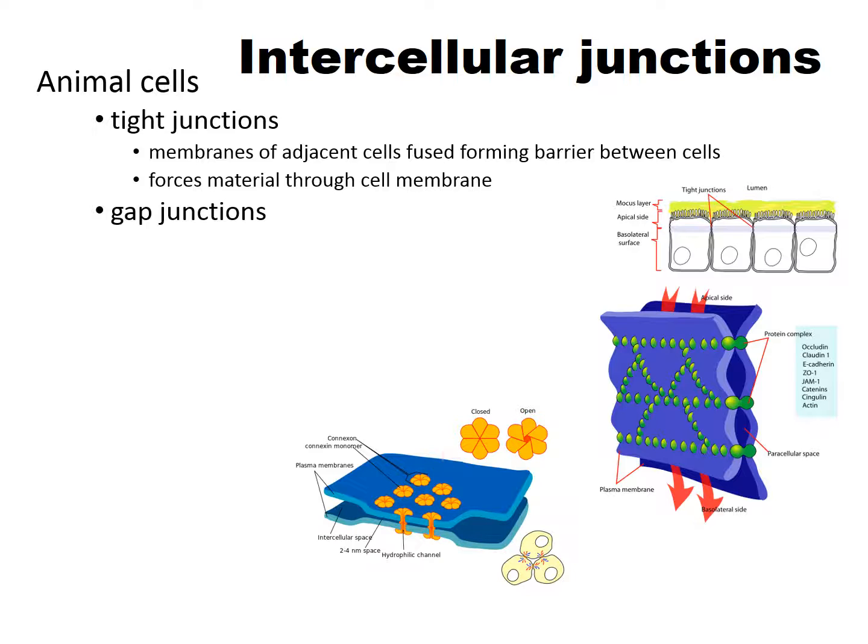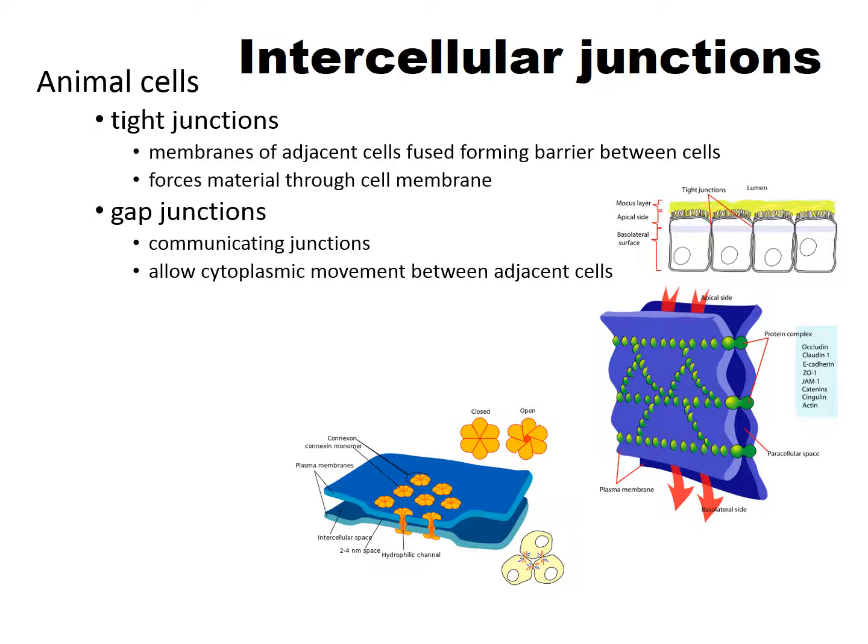But it's tightly controlled by these connexin proteins, which are pretty cool, and they change shape and rotate and open up like the iris diaphragm or a shutter on a camera. And these do allow the exchange of material, so you can get ions and signaling proteins and all kinds of stuff to go through these gap junctions.